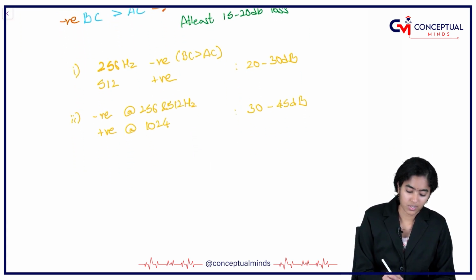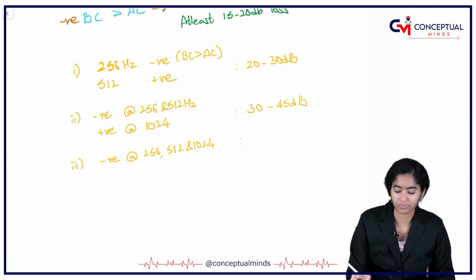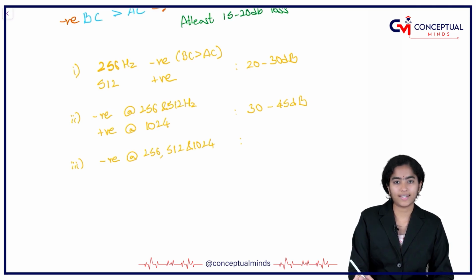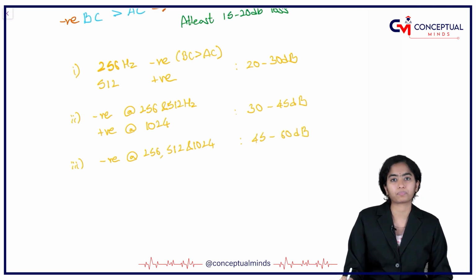Next scenario is, the patient is having a negative Rinne at all frequencies, 256, 512 and 1024 also. This means he is having a hearing loss somewhere ranging between 45 to 60 decibels.